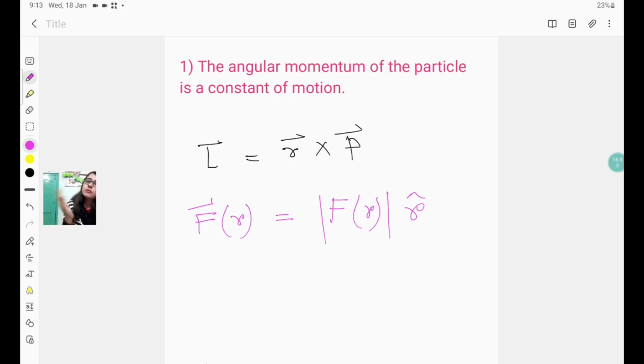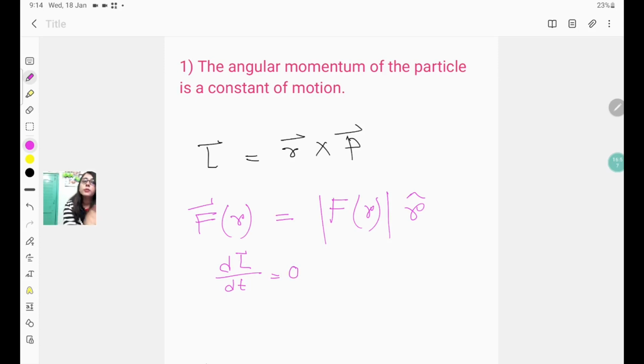Or it is constant, it does not vary with time. That is, if L is the angular momentum and we take the derivative of L with respect to time, that is dL by dt, and if we can show dL by dt is equal to 0, that means L, or the angular momentum, does not vary with time.